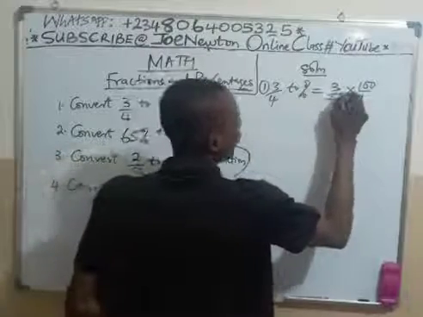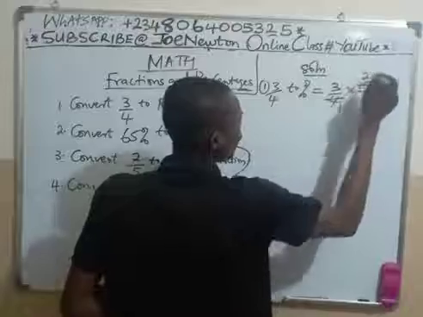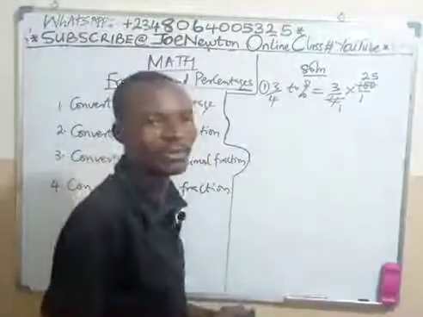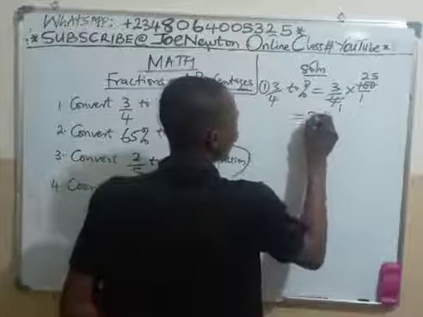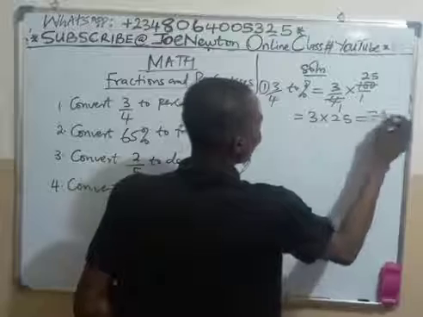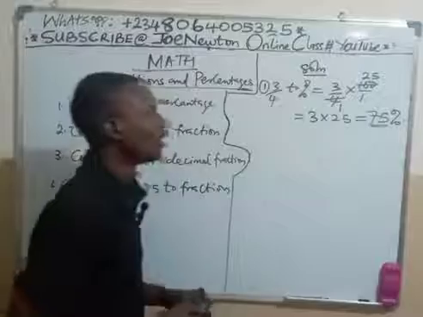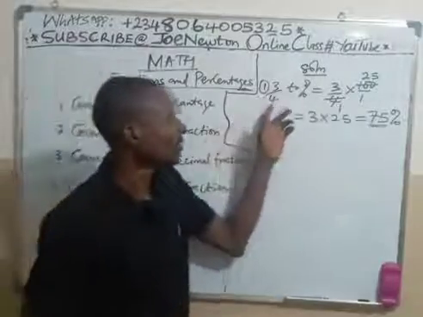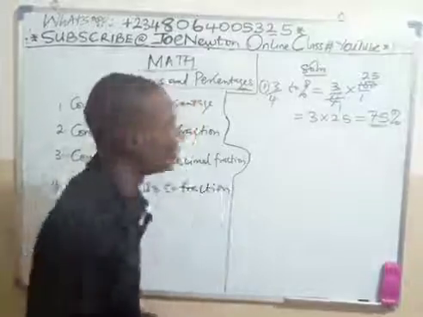Then 4 divided by itself is 1. 4 divides 100 is 25, because 4 times 25 gives us 100. We are left with 3 and 25. Then 3 times 25 gives us 75. So we put percentage.